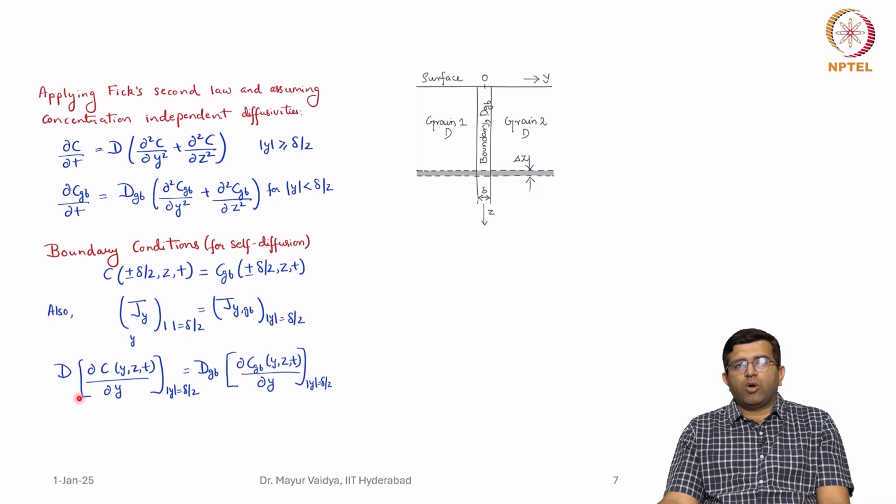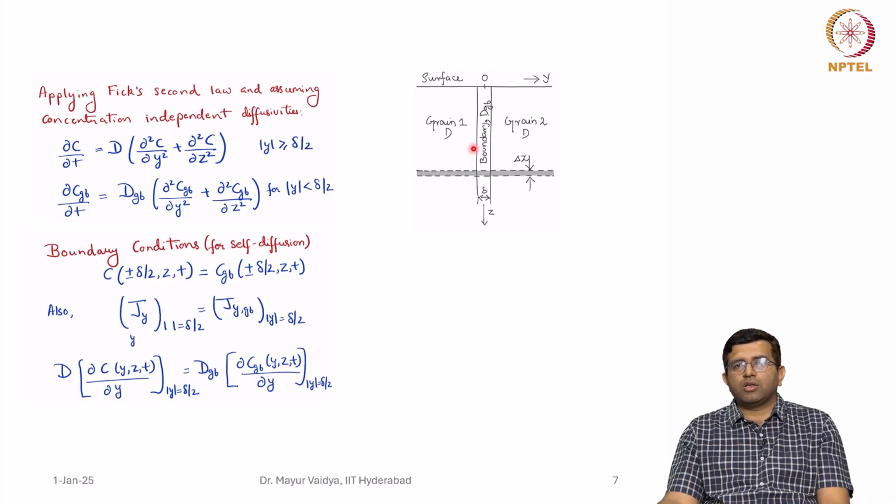Now, what are the boundary conditions here? For the self diffusion at the interface, there should be a continuity between the concentrations and the fluxes. So, C at ±δ/2, z, t is equal to CGB at ±δ/2, z, t. So, this is the continuity of the concentration. Similarly, the flux also, there is a flux which is coming from grain boundary to this grain.